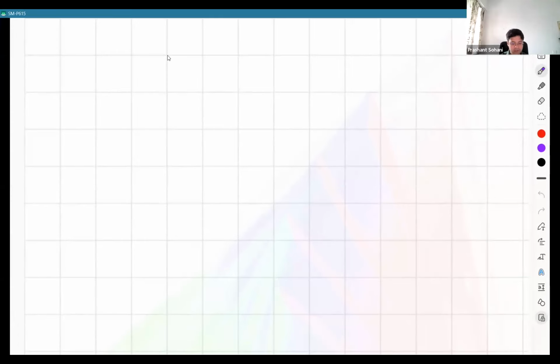Let me start by recapping all the transformations you have learned so far, and I will highlight the connection between those and complex numbers. So let me make this kind of a table.